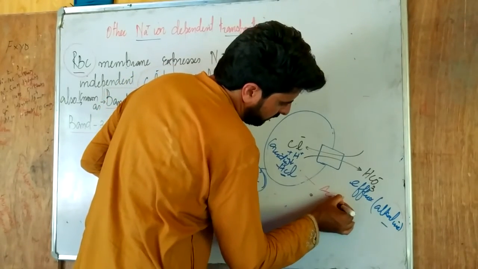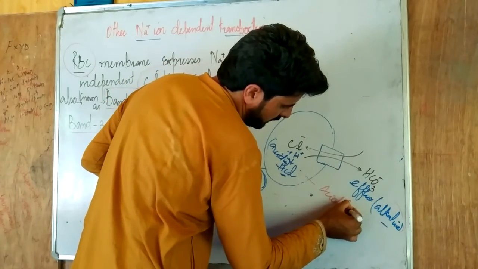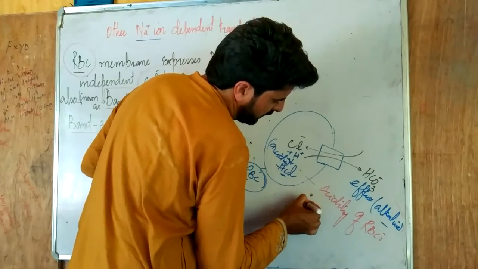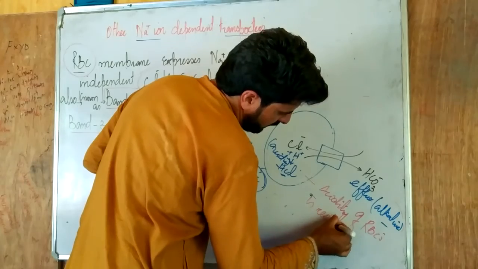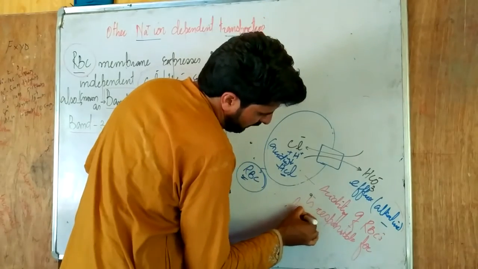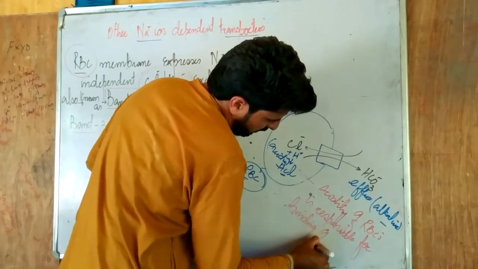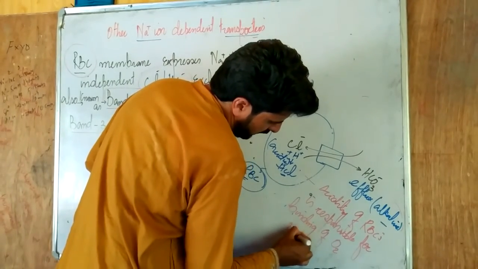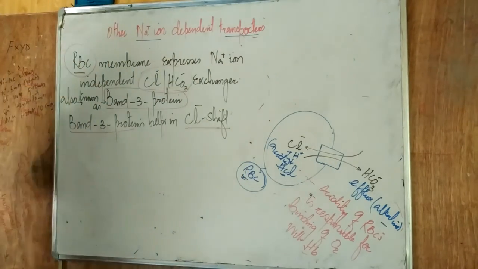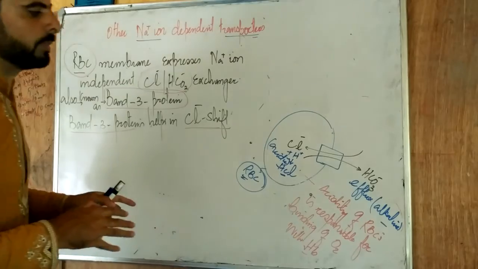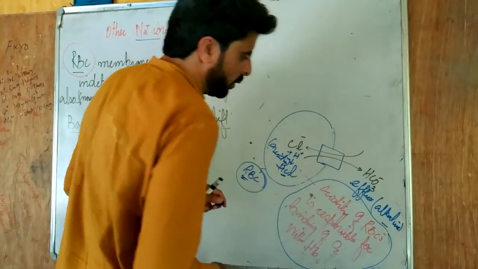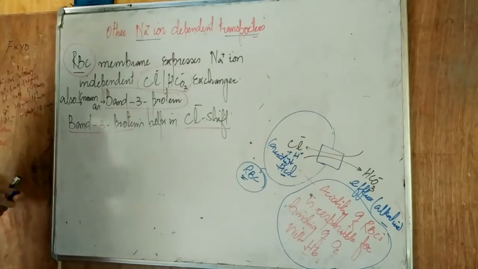So the acidity, or acidic environment, of the RBC is responsible for binding of oxygen with hemoglobin, that's Hb. You have to keep in mind the very important thing, that acidic environment within the RBC is mainly responsible for binding of oxygen with the hemoglobin. So the environment within the RBC should be acidic.